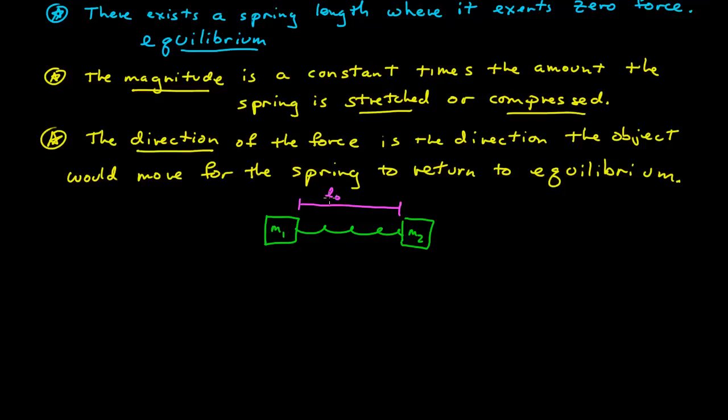We'll call that L0. And that means the spring is not exerting any force on anything. The spring force it exerts on M1 and M2 is 0. Okay. Now we're going to stretch the spring.